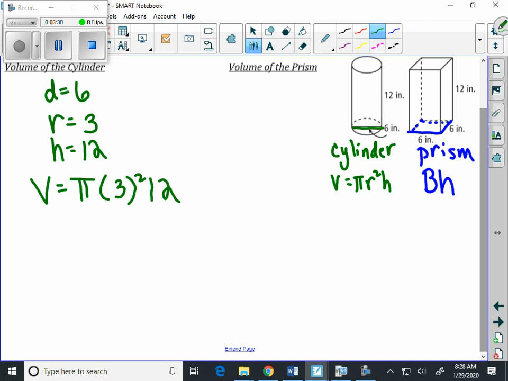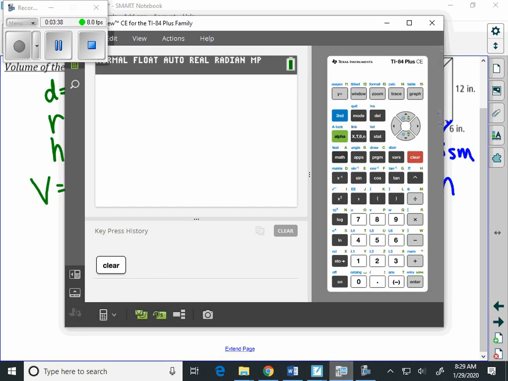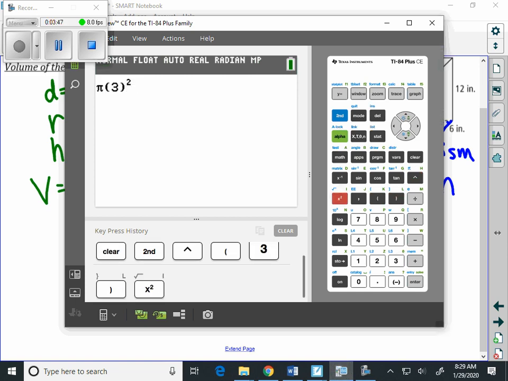Now that we have that a little bit better, we're going to pull out our calculator or Desmos, whichever works. Desmos is actually easier with pi, but on the calculator it's second and the caret button, there's the pi, times the radius, which is 3 squared, times the height, which is 12, and here we get our value.